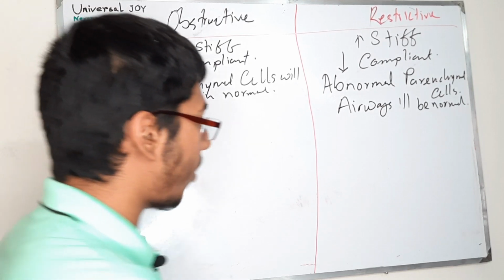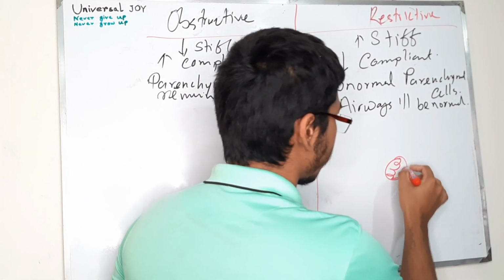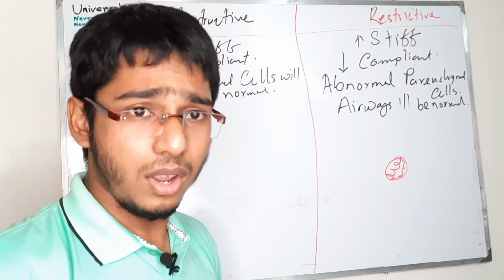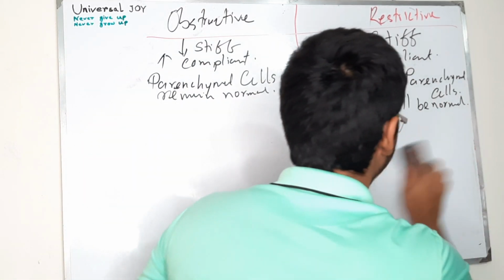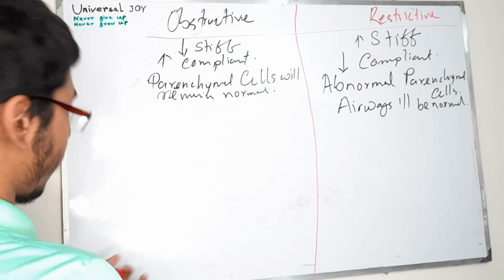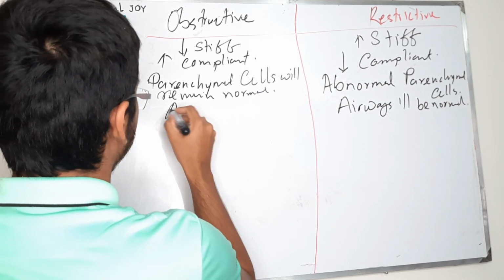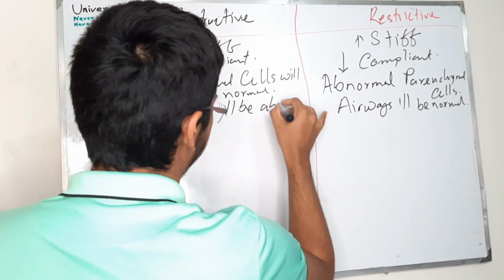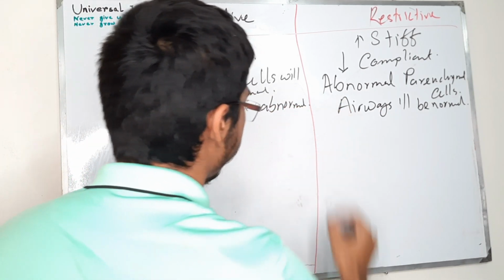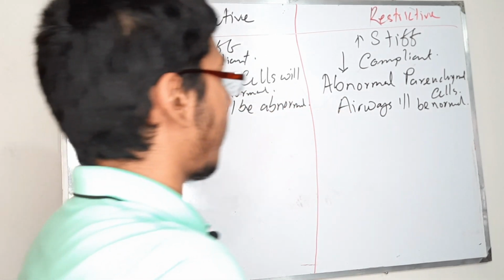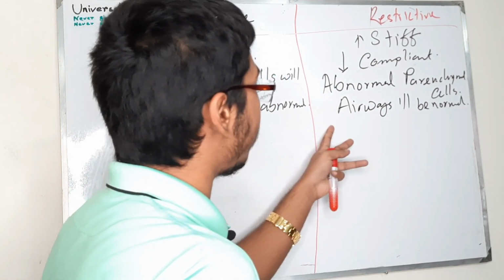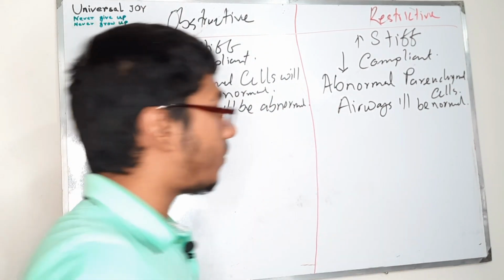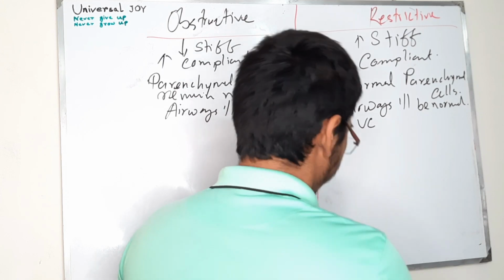Definitely no, because we have already seen the airways are becoming constricted due to the secretions of different cells. So the airway will no longer be normal in the obstructive disease. Airways will be abnormal.